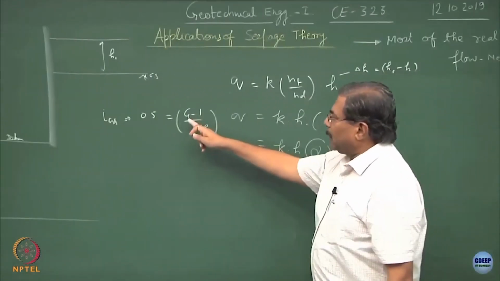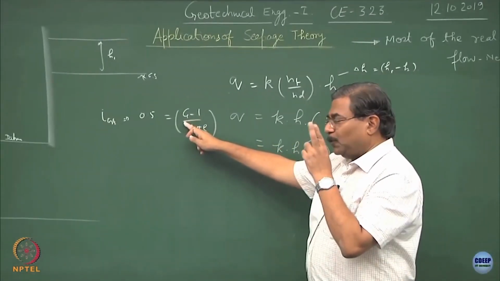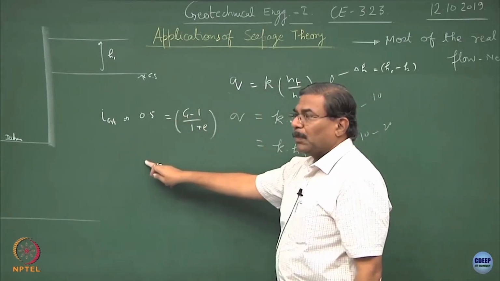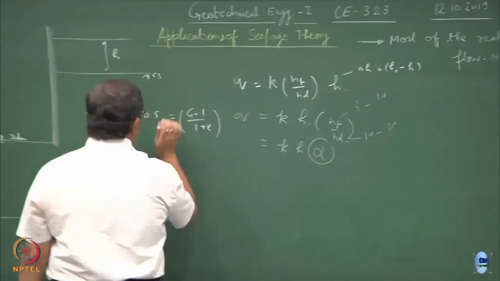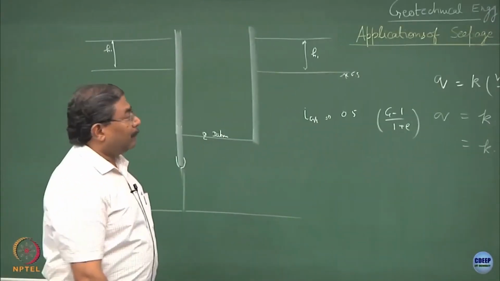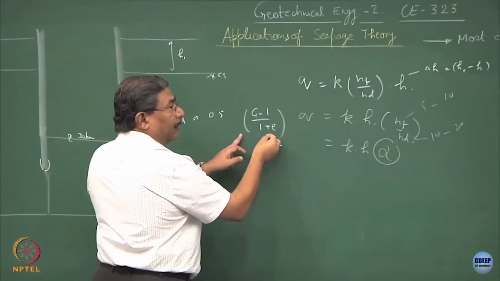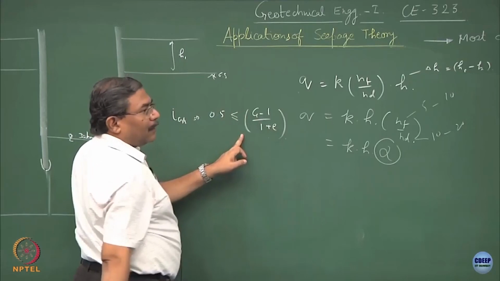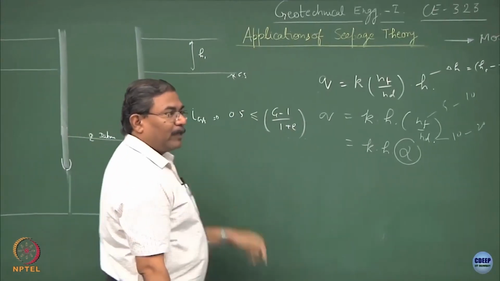Now, the material properties come into application in two ways: specific gravity of the soil and the void ratio. So, suppose I say this is an inequality, and the theoretical i critical is coming out to be more than the exit gradient which you are getting from the flow net, what is the implication?